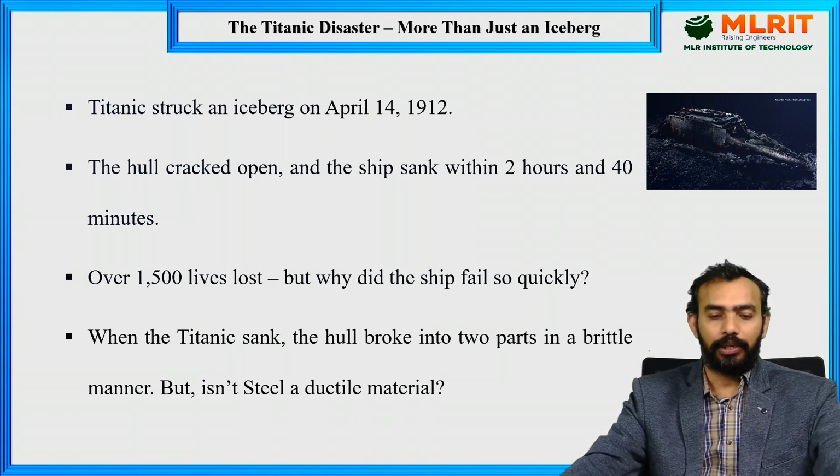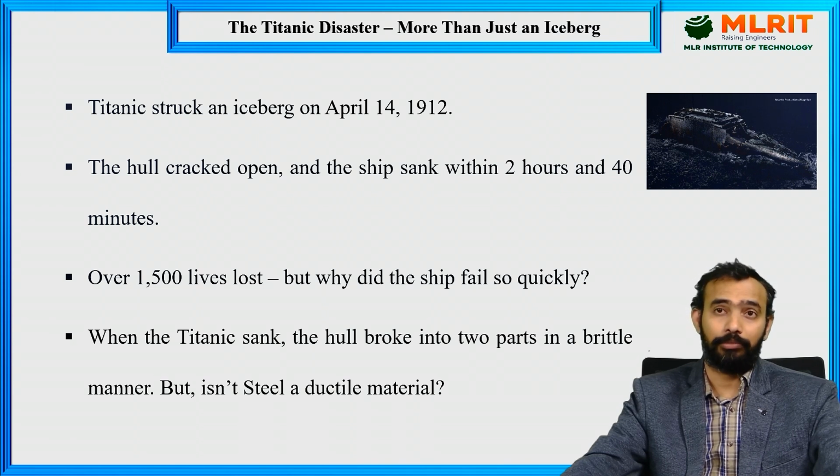But unfortunately, in its first voyage itself, the Titanic sank into the sea. The hull cracked open and the ship sank within 2 hours 40 minutes, which is a catastrophic failure of that big ship.